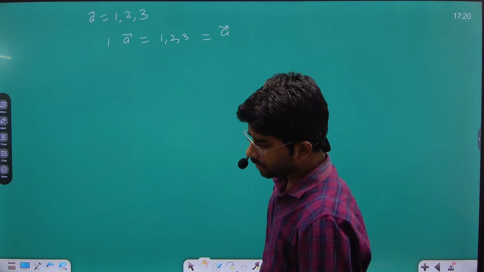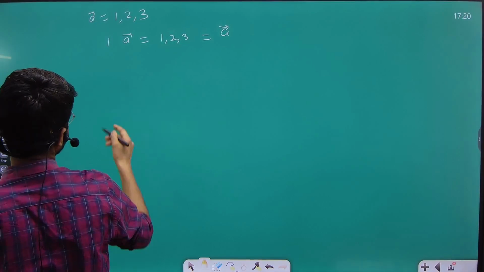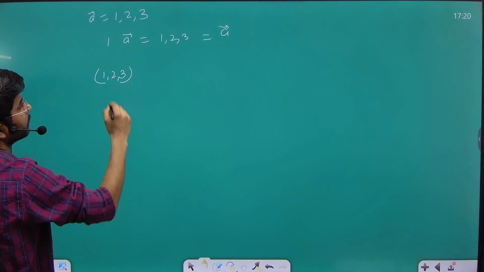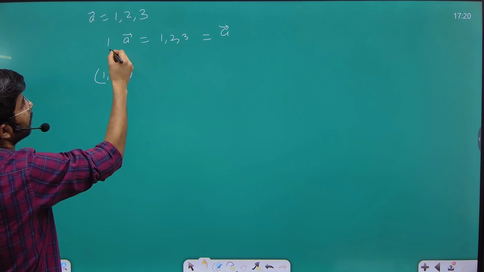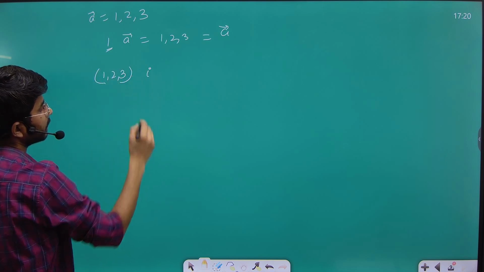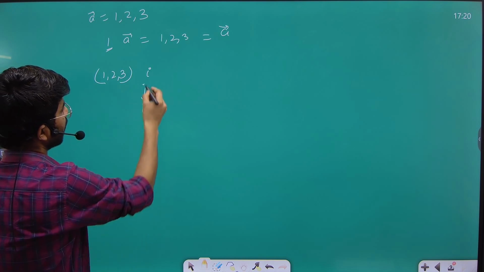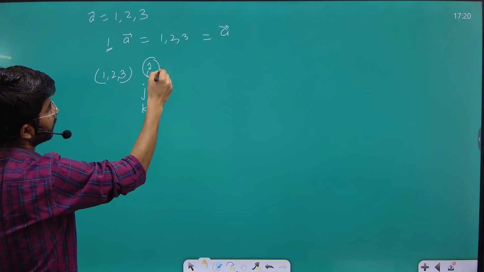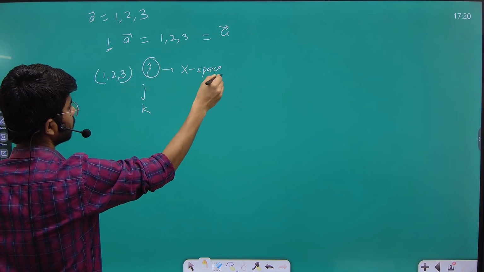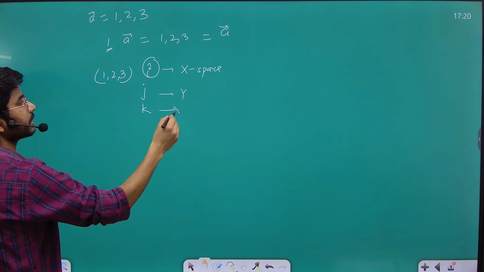But if you look at unit vector multiplication, that means vector 1, 2, 3 multiplied with some unit vector, represented by i, j or k. This i vector is the unit vector in the x direction, j is for y and k is for the z axis.